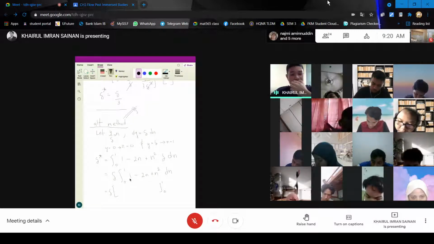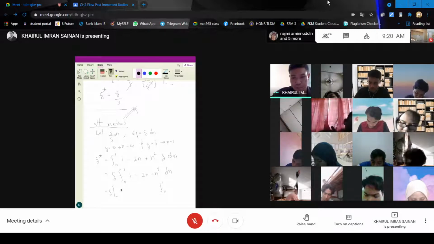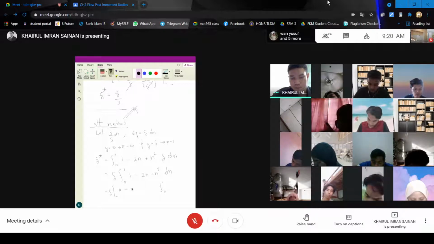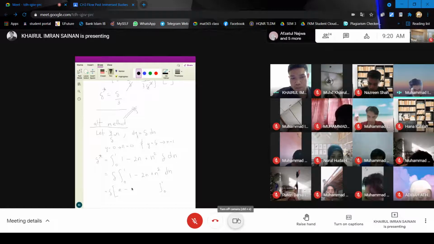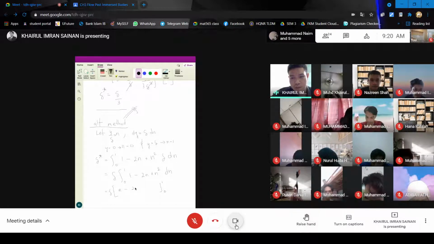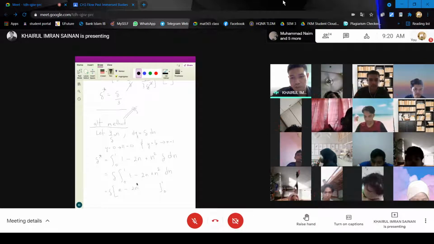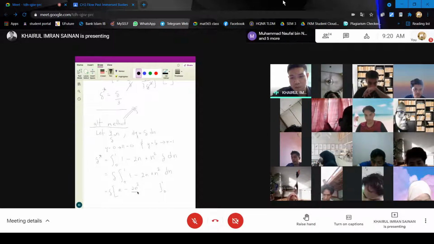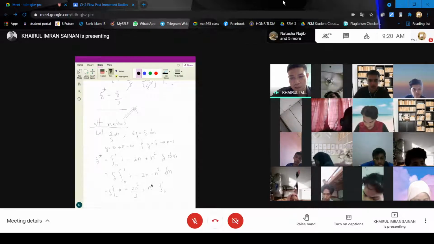So integrating 1 becomes n, right? And then the next part will be 2n squared divided by 2, plus n cubed divided by 3.